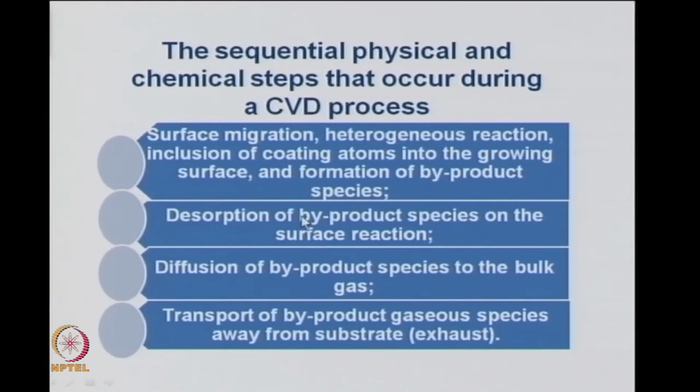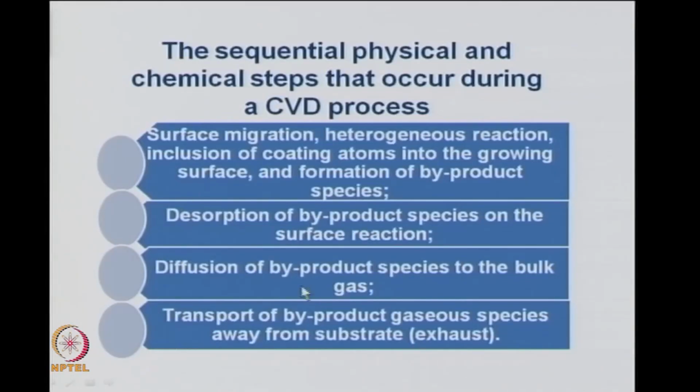These byproduct species are then desorbed from the surface, and then diffusion of the byproduct species to the bulk gas and transport of the byproduct gaseous species away from the substrate through an exhaust.